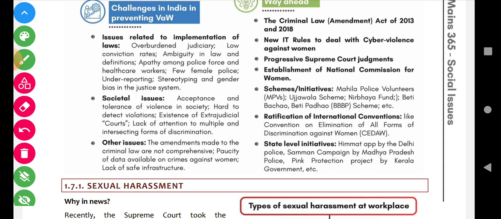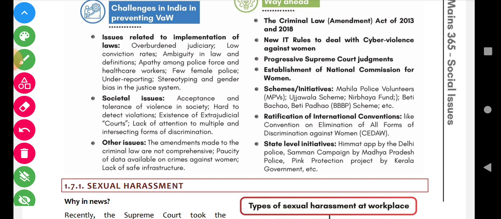Ambiguity in law and definitions, because the laws, rules and regulations are not clearly defined. Apathy among the police force and healthcare workers, and conflict between them, as they do not understand each other's feelings as well as their work.